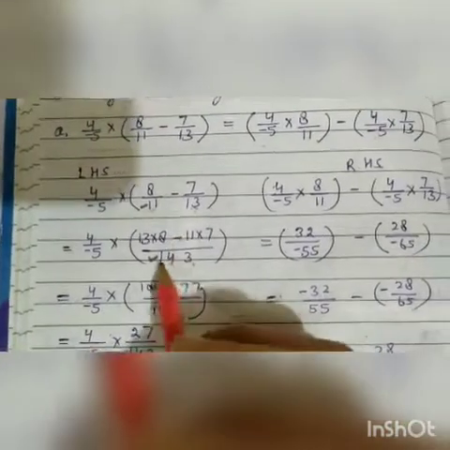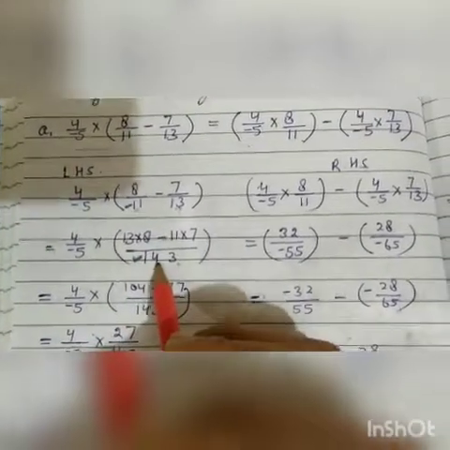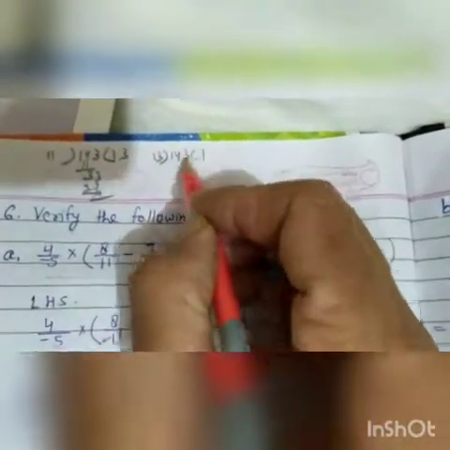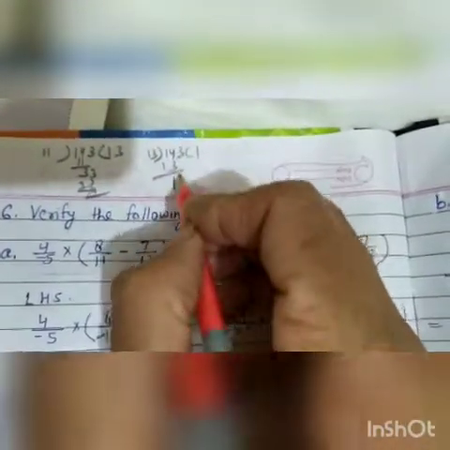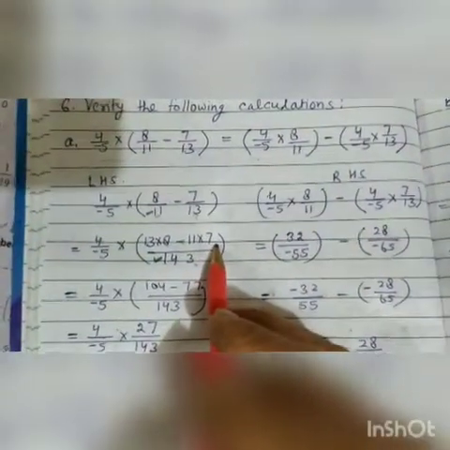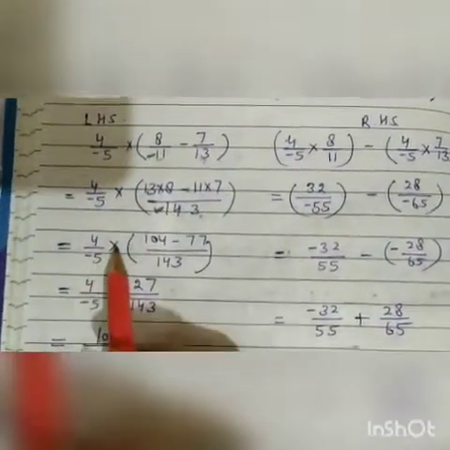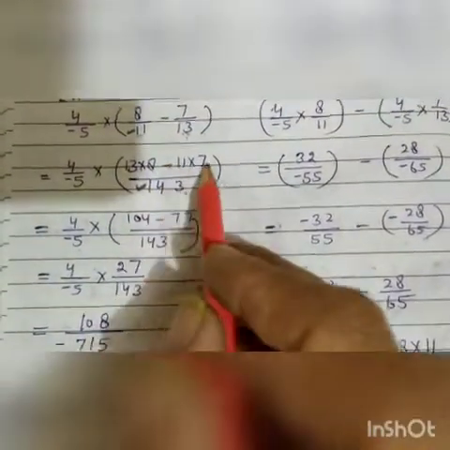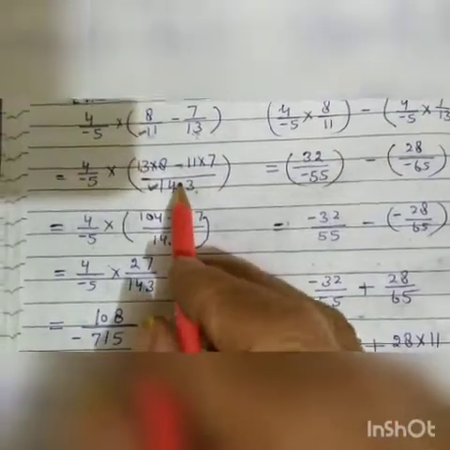In the same way we will divide this 143 by 13 like this. 13 ones are 13, again 13 ones are 13. So 11 multiply 7. Now 4 upon minus 5 multiply 13 eights are 104 minus 11 sevens are 77 upon 143.